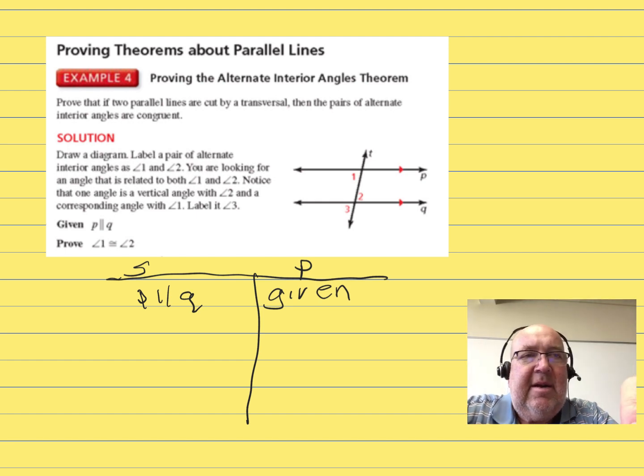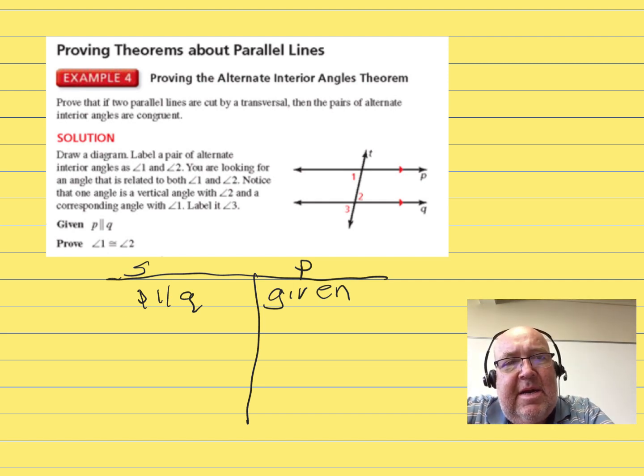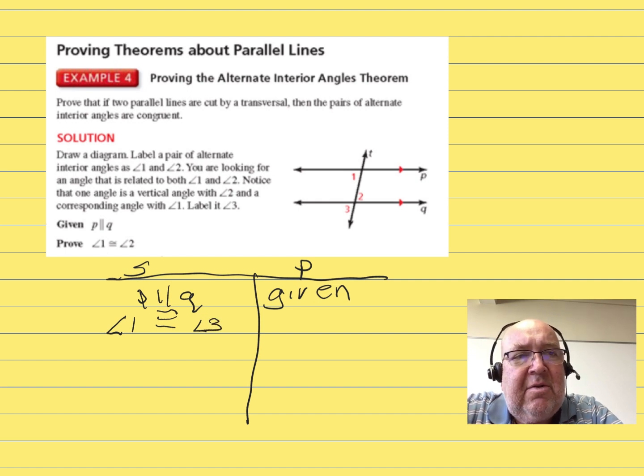Alright, so with that being said, we know that angle 1 and angle 3 are congruent because they are corresponding angles.